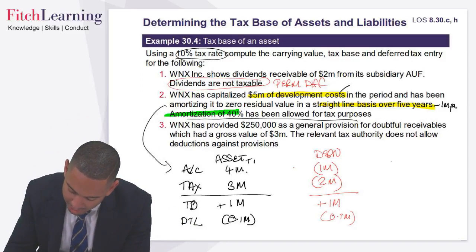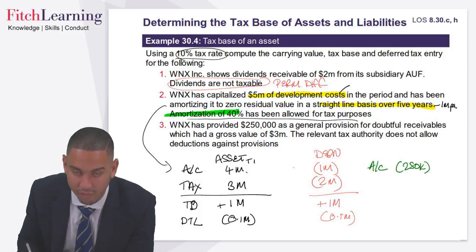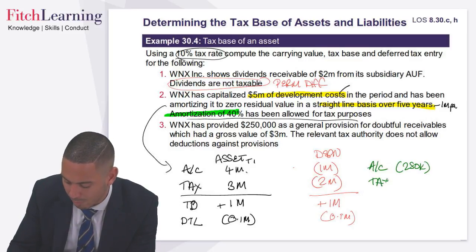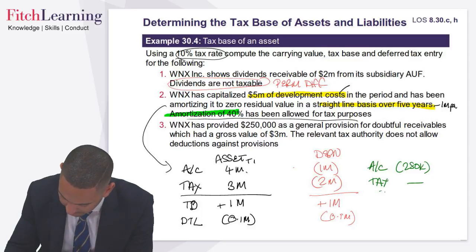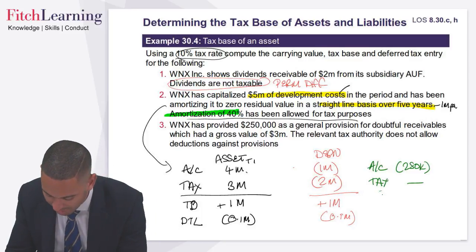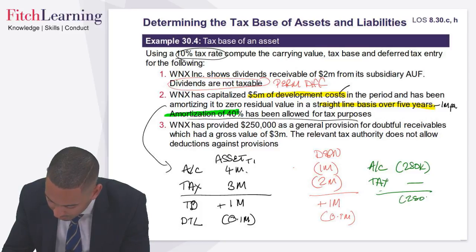So I now have a provision per my accounts, a liability of 250k. And the tax man goes, nope, you don't get that deduction. Which is going to be a provision of 250, a minus figure, minus nothing, is going to give me a negative figure of 250.